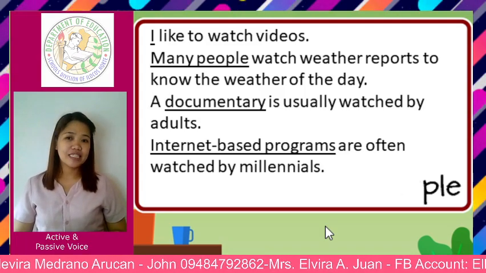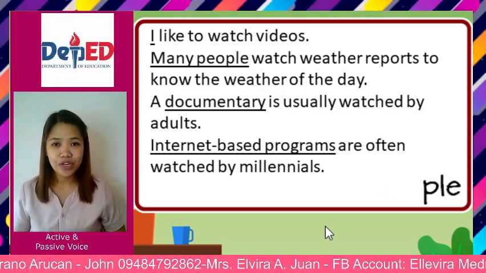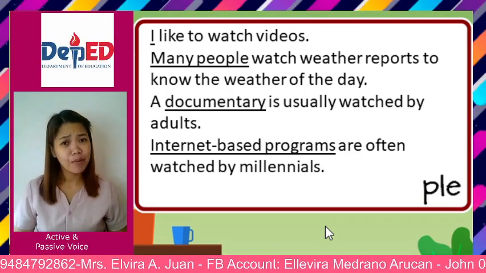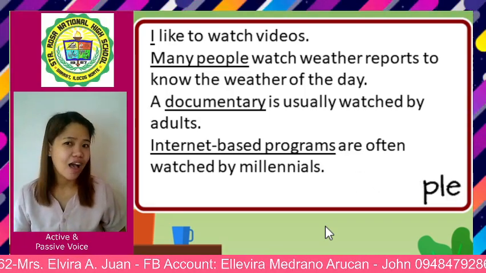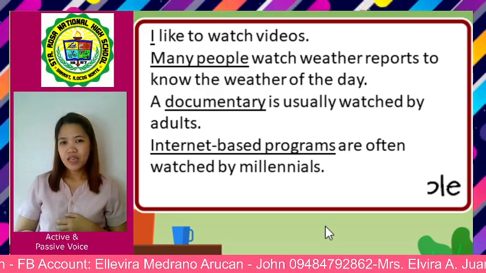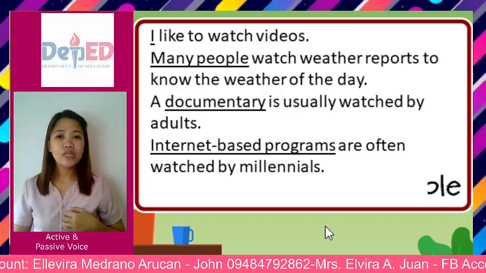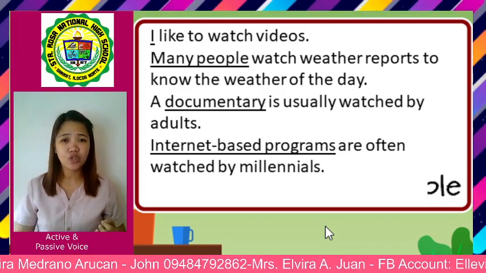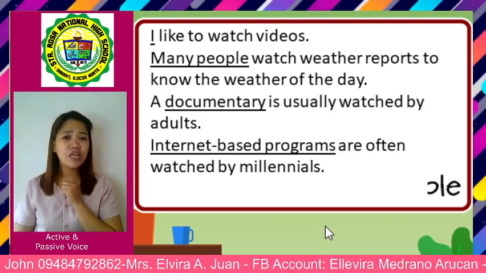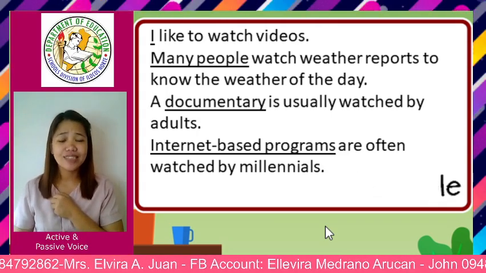If you notice, class, the underlined words are our subject. Do you still remember what subject is? I discussed that to you in our previous lesson. In a simple term, we refer to subject if we are talking about the one that is being talked about in a sentence.